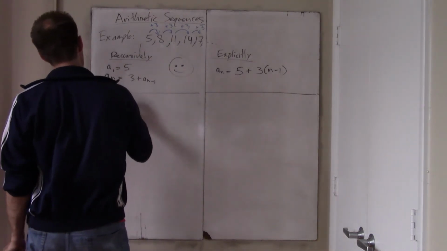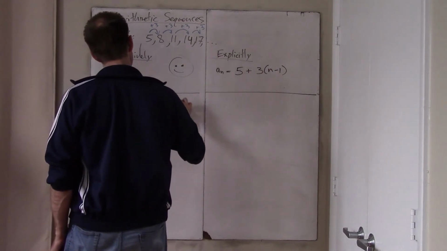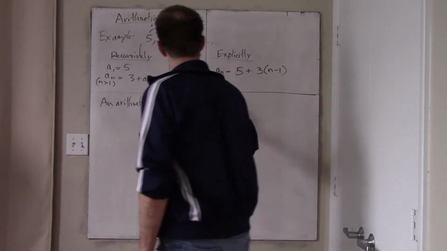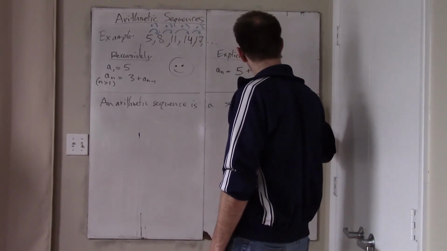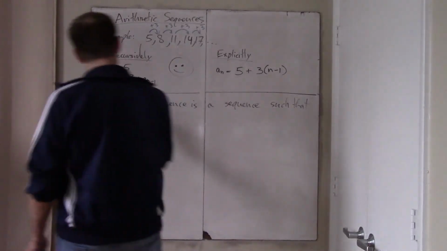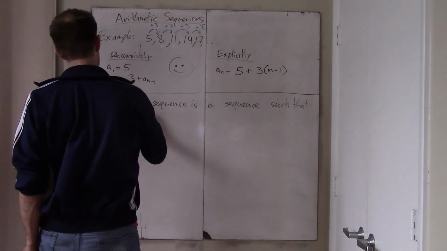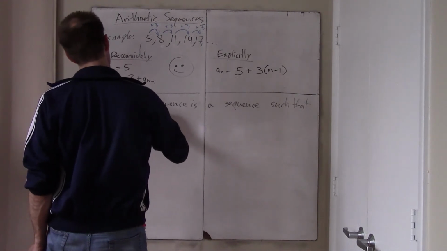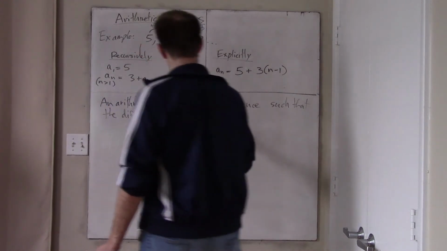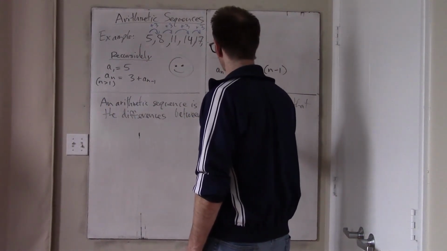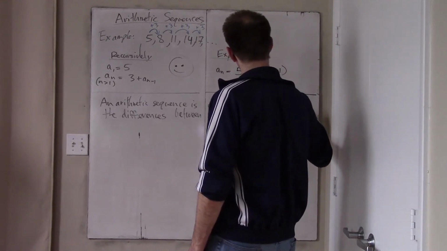An arithmetic sequence is a sequence such that the differences between a term and the previous term is constant.